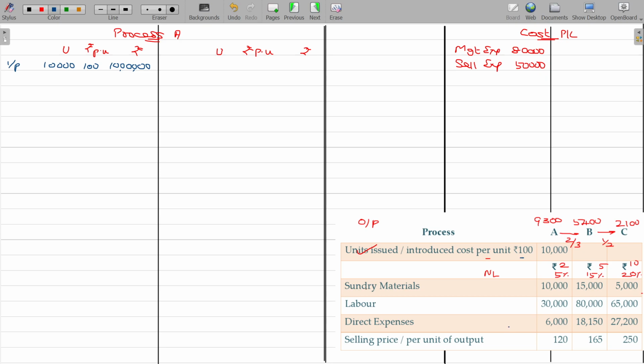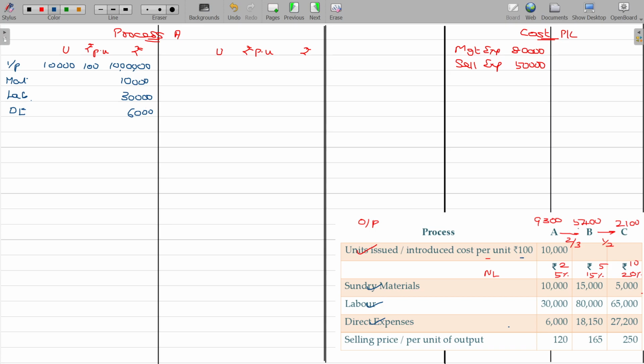Apart from that, the other materials, sundry materials, labor, direct expenses also introduced. Sundry materials or other materials 10, labor 30, direct expenses 6,000.